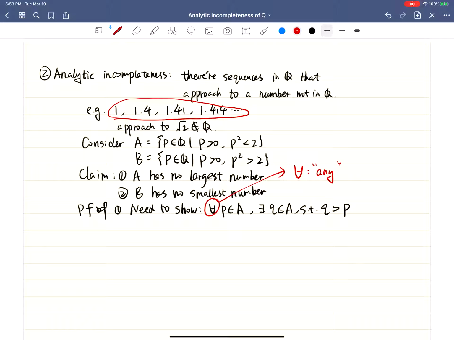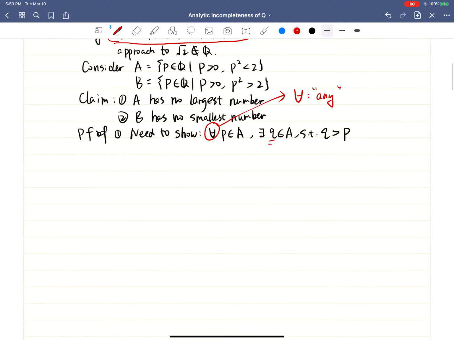So for any P in A, there exists a Q which is also in A, and Q is larger than P. Okay, so now the point is, given a P, how do we choose that Q? Okay, so let's use some trick here.